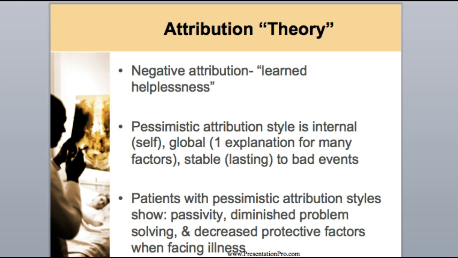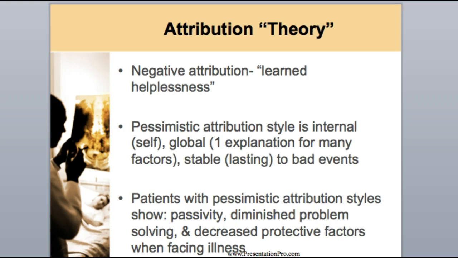This attribution style tends to be applied throughout the course of their life, and you may be able to see patterns of this pessimistic attribution style. So again, one explanation for many factors that may have contributed to a negative situation, and then also looking oftentimes within themselves as the reason for why things are going on with them. And again, this pessimistic attribution style tends to be a long-term method of how they address issues.